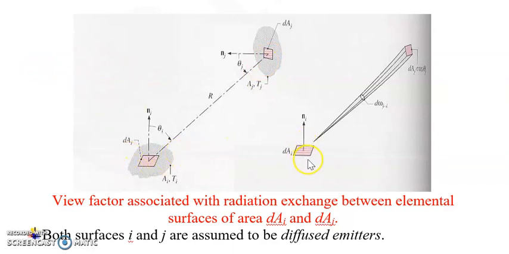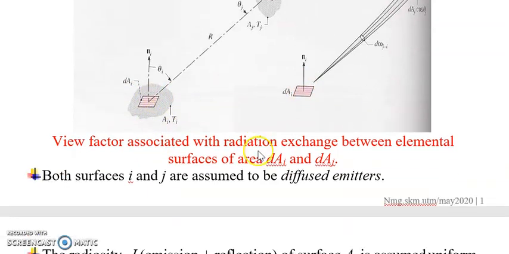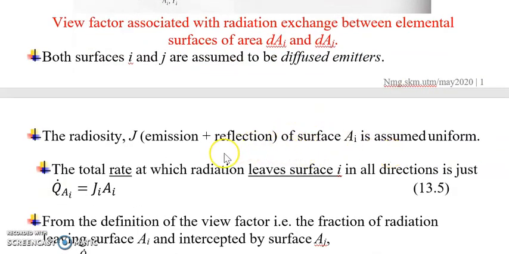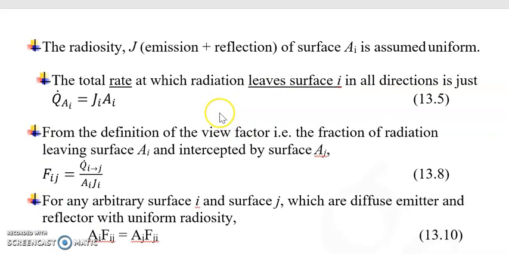So this is radiation exchange between elemental surfaces of area dAi and dAj. Both surfaces i and j are assumed to be diffuse emitters. The radiosity J, which is the emission and reflection of surface Ai, is assumed uniform in all directions.